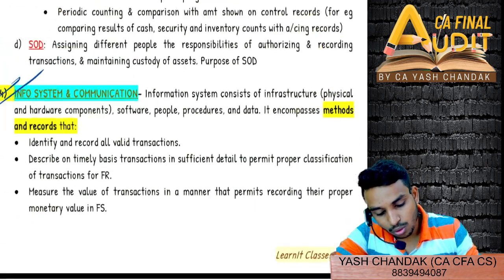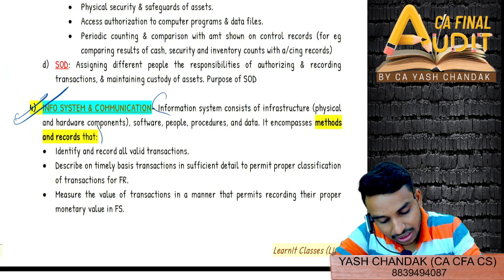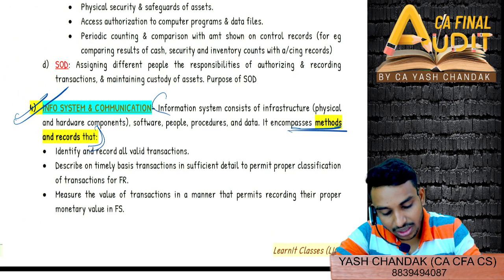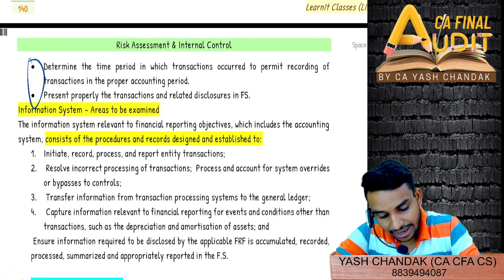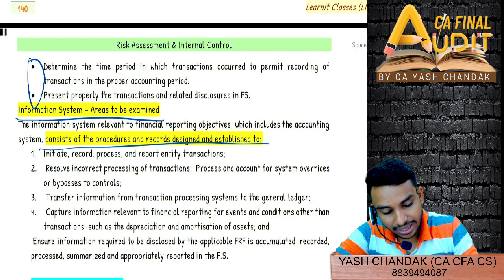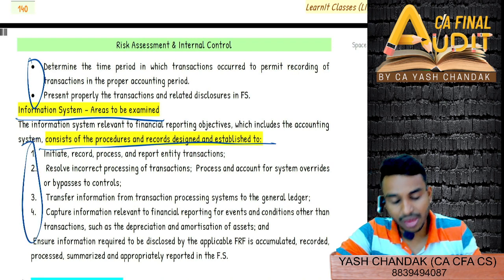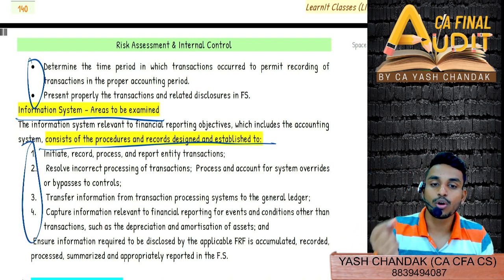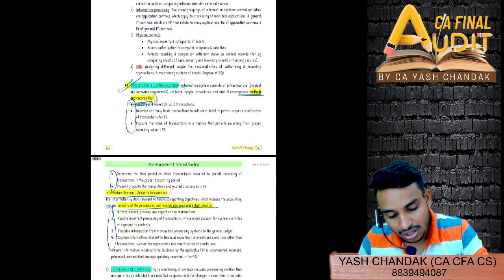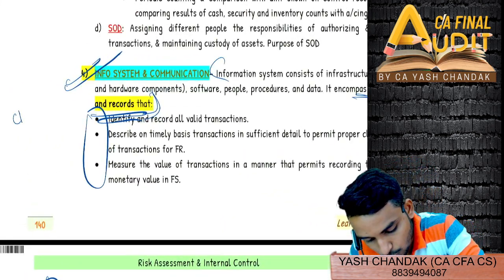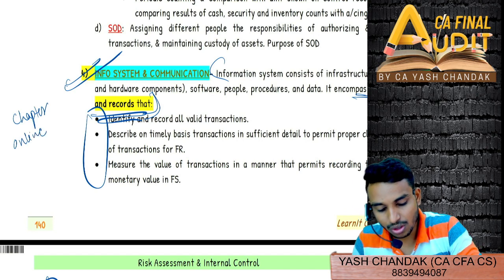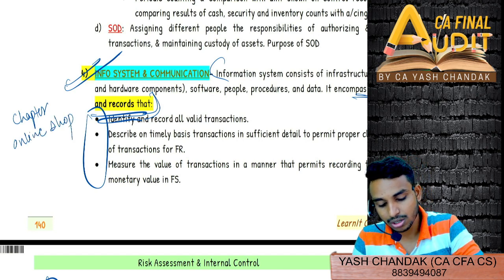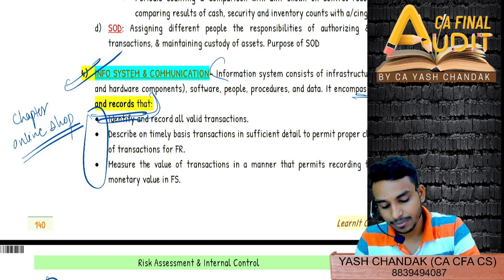Go through this, mark what is the difference between this answer and areas to be examined, and in this answer what all is the difference. And also we have done one more answer with respect to online shopping business.